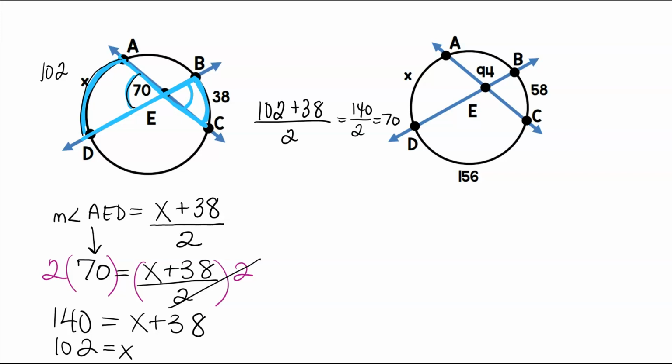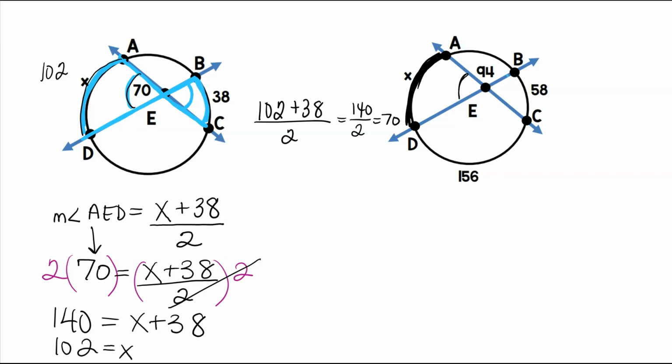Okay, and then this last one, which will probably have a little bit of a curveball as well. We have this left x, this arc here on the left, is what we need to find. Unfortunately, we don't know the angle it corresponds to, but we can figure it out.